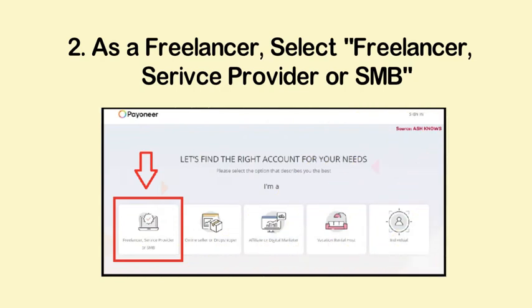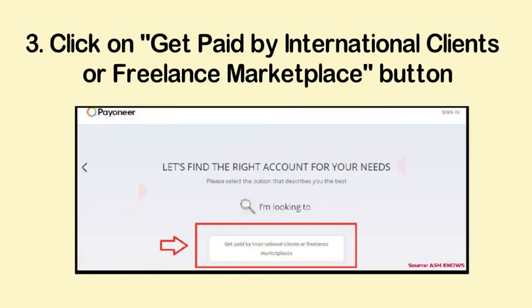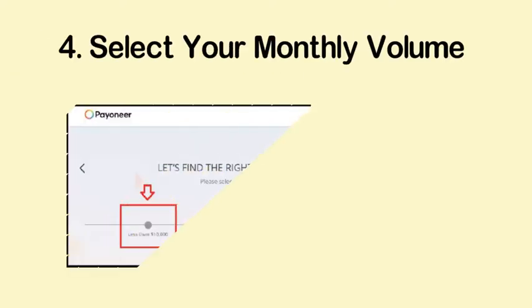You can read that as well. Step 2. Select the option that describes you the best. As you're a freelancer wanting to create an account on Payoneer, you will select the first option, Freelancer, service provider or SMB. Number 3, click on the Get Paid by International Clients or Freelance Marketplace button. Once you click on this button, you will see this screen. Select your monthly volume here.